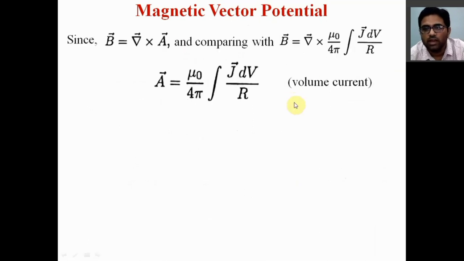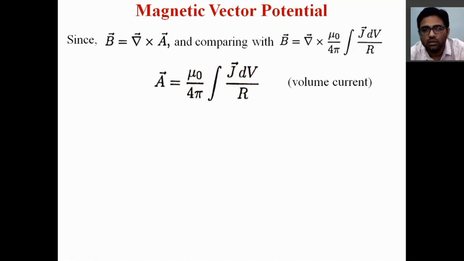Since the magnetic field is curl of magnetic vector potential, comparing with this alternative form of Biot-Savart law, we can obtain the magnetic vector potential like this for volume current distribution.